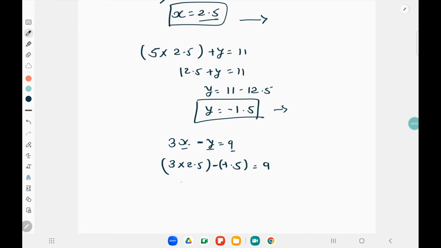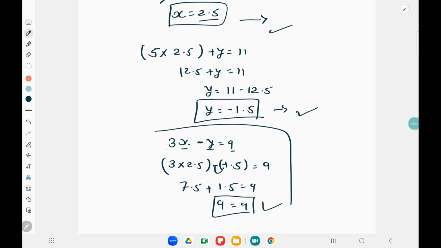Okay, and here minus times minus is going to be plus 1.5, equals 9. 7.5 plus 1.5 is 9, equals 9. So yes, both our values are correct. Okay, this is the way you can cross-check whether your answer is correct or not. Otherwise it is not necessary to do this calculation. But if you want to confirm that your answer is correct, then do this step.